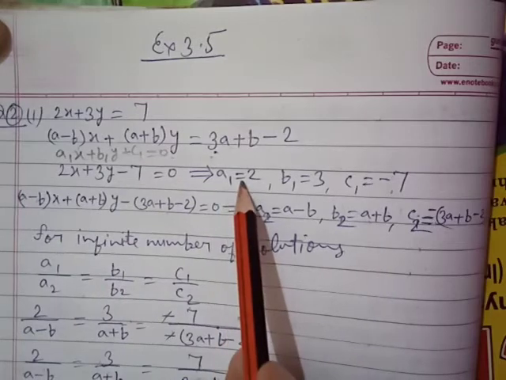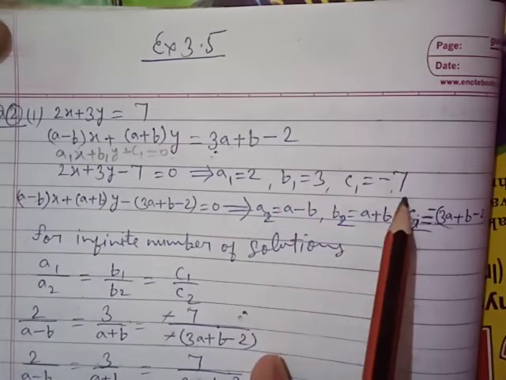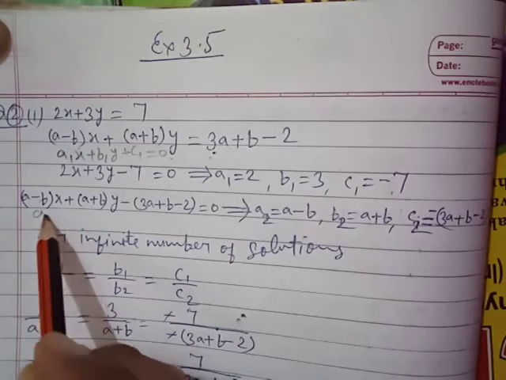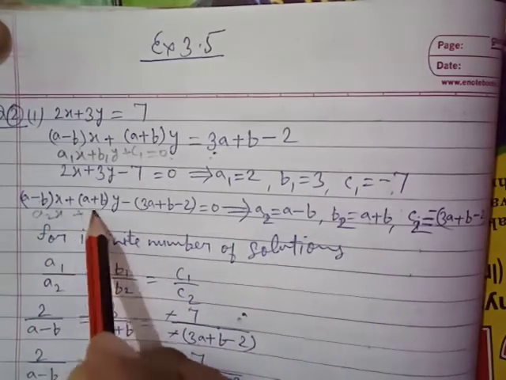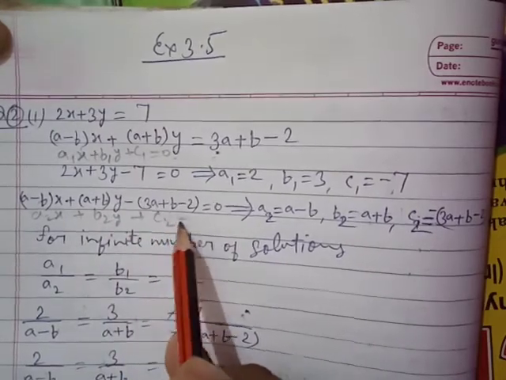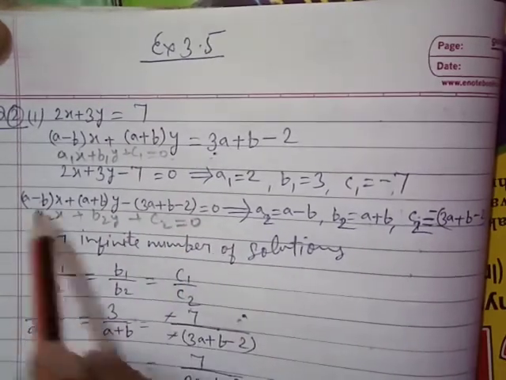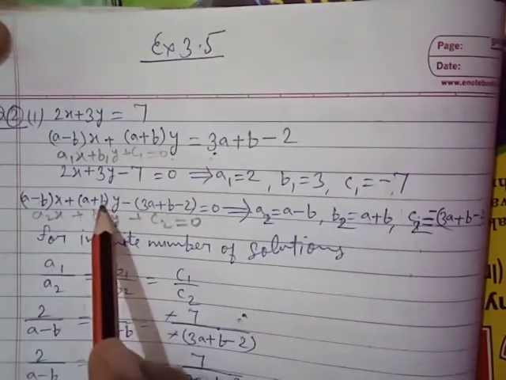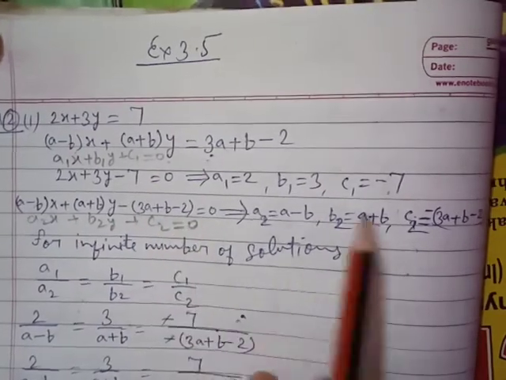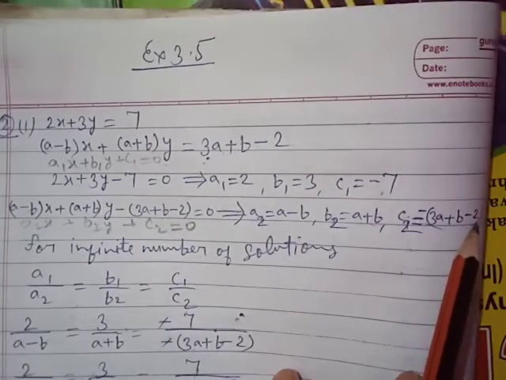Compare the second equation as a2x plus b2y plus c2 equal to 0. So a2 is a minus b, b2 is a plus b, and c2 is minus (3a plus b minus 2).